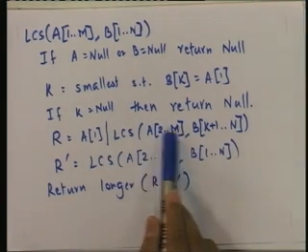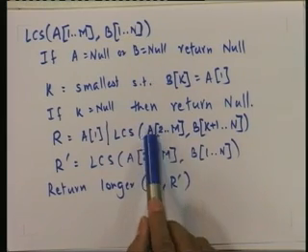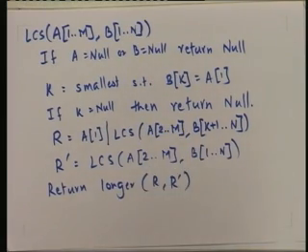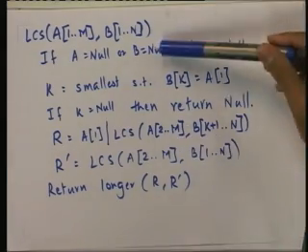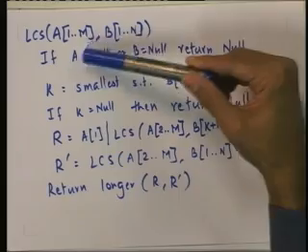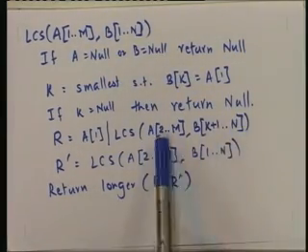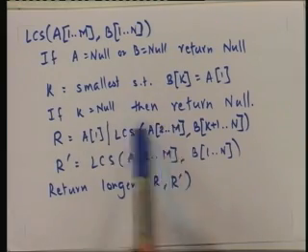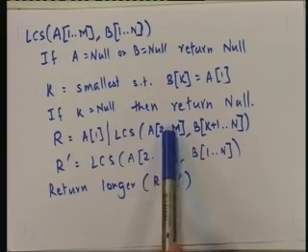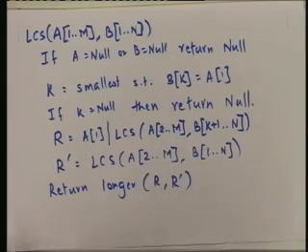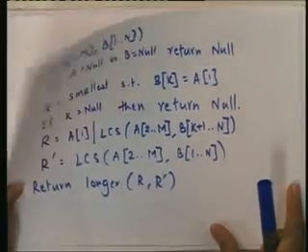So, this expression will be passed as null if m is in fact smaller than 2. Then, in the recursive call, a null will be returned, which is exactly what we want, so this interpretation is fine. I do not have to write the special case whether m is greater than or equal to 2. It is just handled by saying that this represents a null string or a null sequence. So, this is our basic recursive procedure.